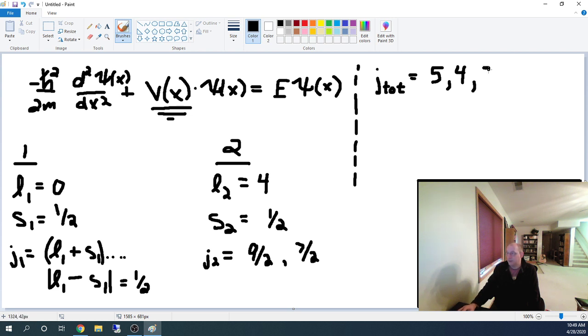So it looks like 5, 4, and 3 are our possibilities for the total angular momentum, just by looking at all those possibilities. That gives you an example: look at each individual problem and then add the angular momentum of each one.